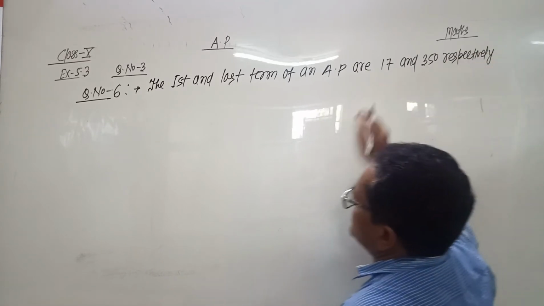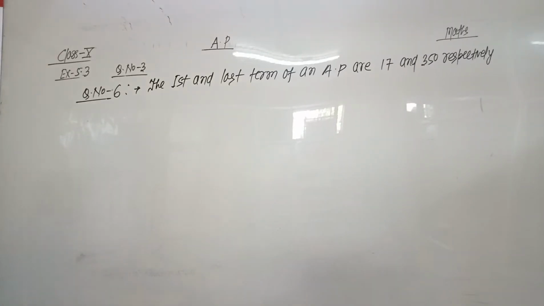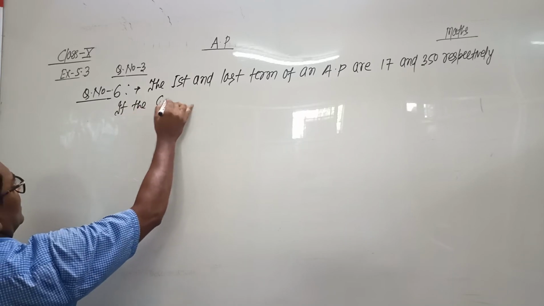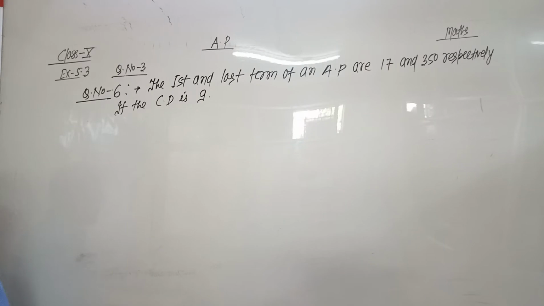The first term is 17 and the last term is 350. If the common difference is 9, then how many terms are there and what is their sum?